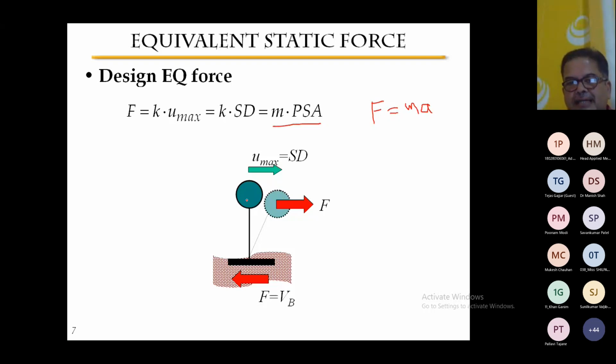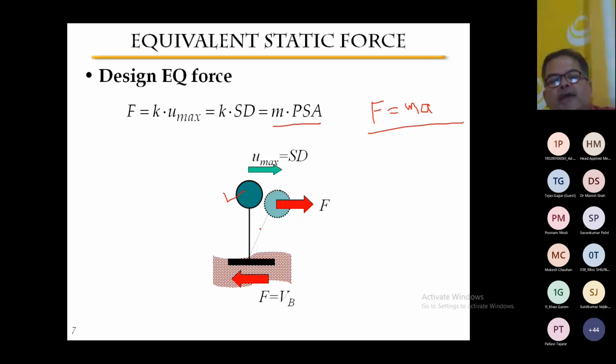We know that there is a heavy mass located at this particular level, and when the shaking takes place, this mass will vibrate with a certain acceleration. And when it vibrates with the acceleration, then mass into acceleration is the inertia force, which is produced at the floor level, right?